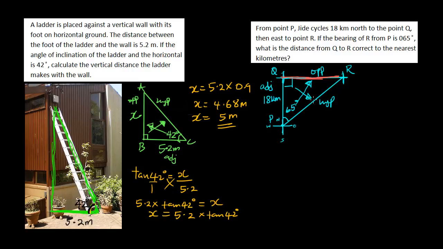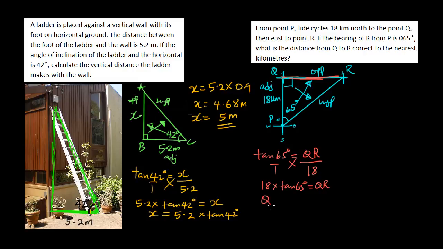We can use the tan ratio, because we have the adjacent side and are looking for the opposite side. So tan 65 degrees equals the opposite, which is QR, all over the adjacent, which is 18 kilometers. Cross multiplying, 18 times tan 65 degrees equals QR.